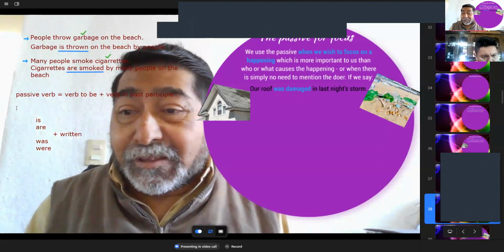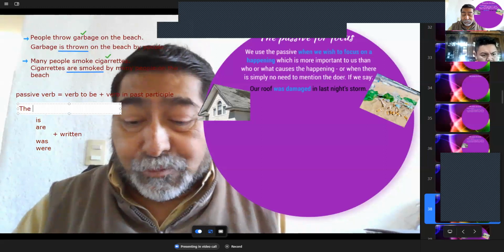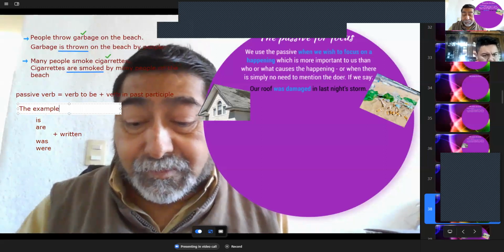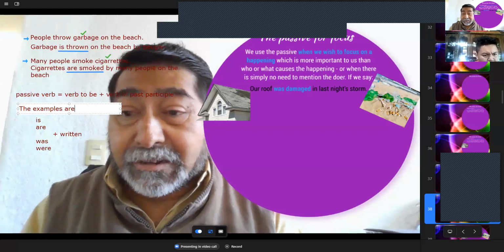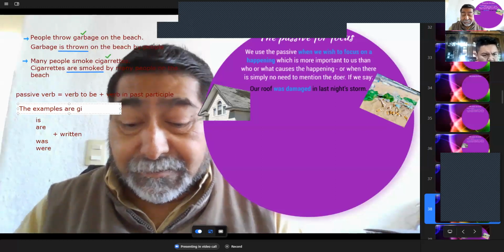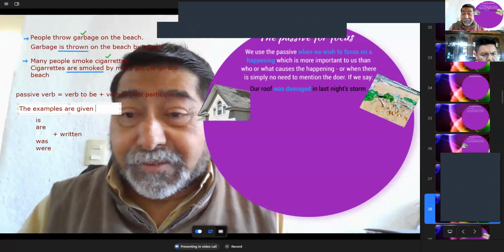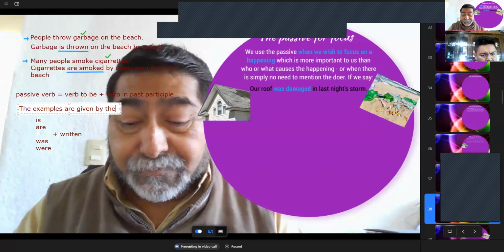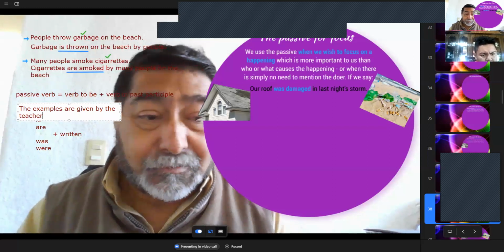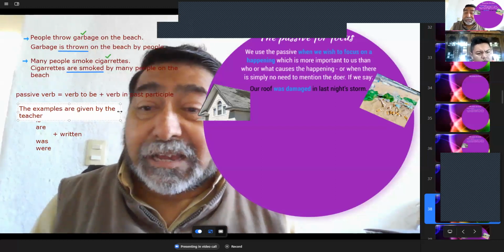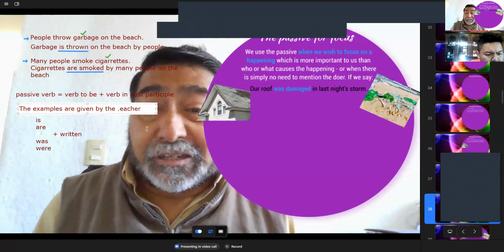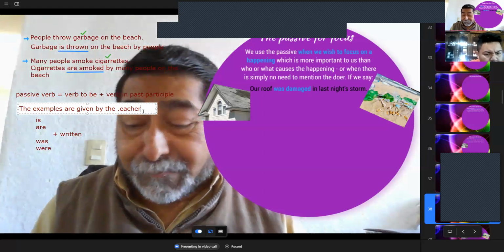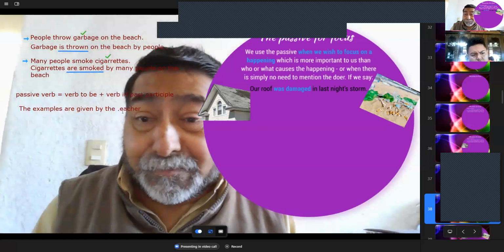The examples are given by the teacher. Notice that I am using passive voice here. The examples are given by the teacher. Los ejemplos son dados por el profesor.